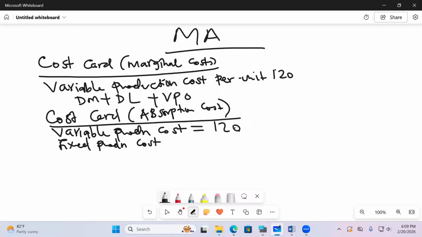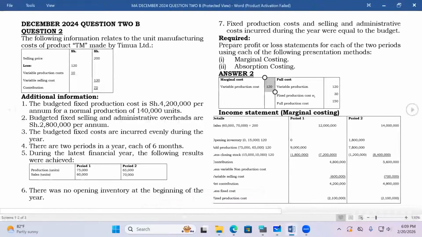Look at note number 1. Remember fixed expenses, because they're periodical, in most cases, they must be absorbed. So you must compute what we call OAR.